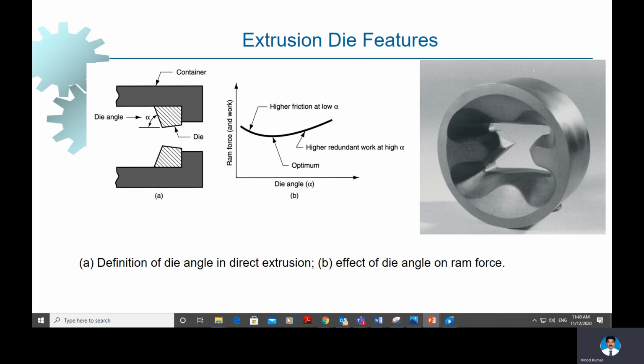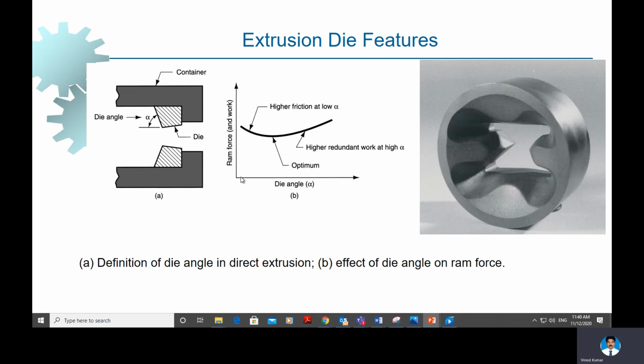Now, what is the effect of extrusion die? As you can see here in this graph, this is the die and this is the die angle. So material is forced through the die, and material will undergo plastic deformation and it will come out through the die opening.